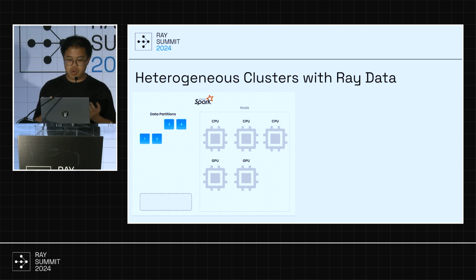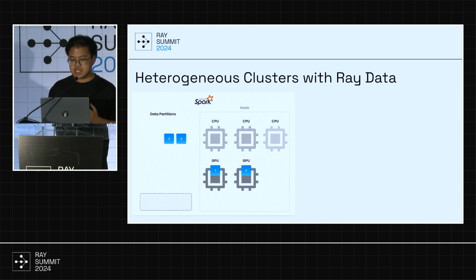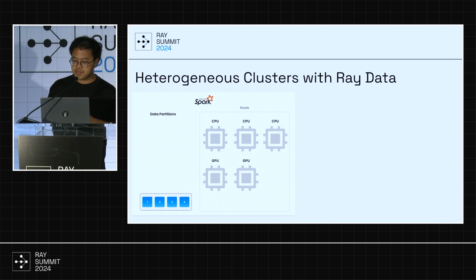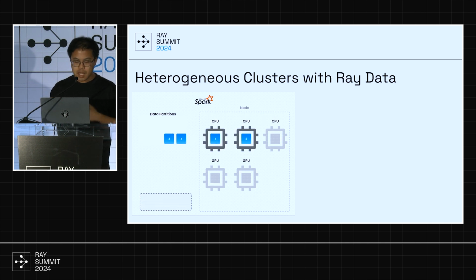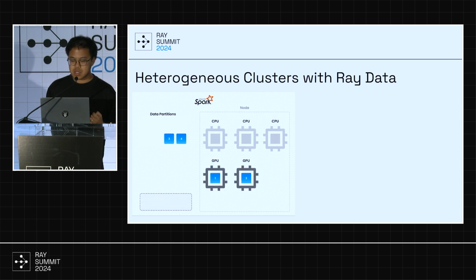It's typically really important to have CPUs and GPUs fully utilized together at the same time. However, this is a core limitation in existing systems like Spark, where all the stages within scheduling are fused together, regardless of the resource requirements. This means that in a typical single cluster setup, the total parallelism is limited by your rate limiting factor, which is probably the number of GPUs that you have, leading to underutilization of CPUs.